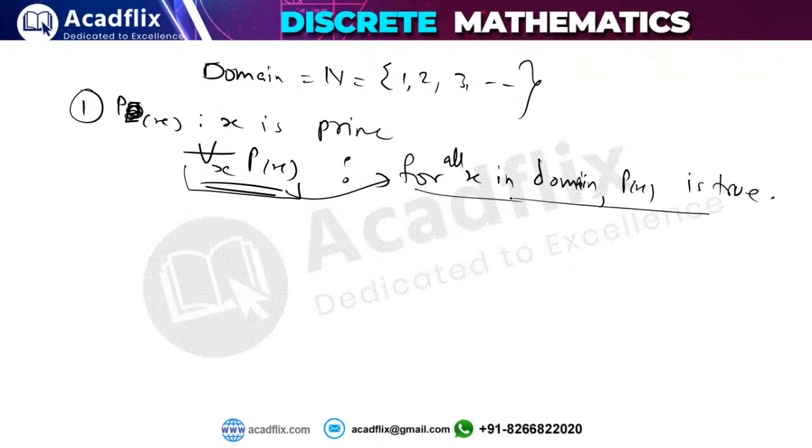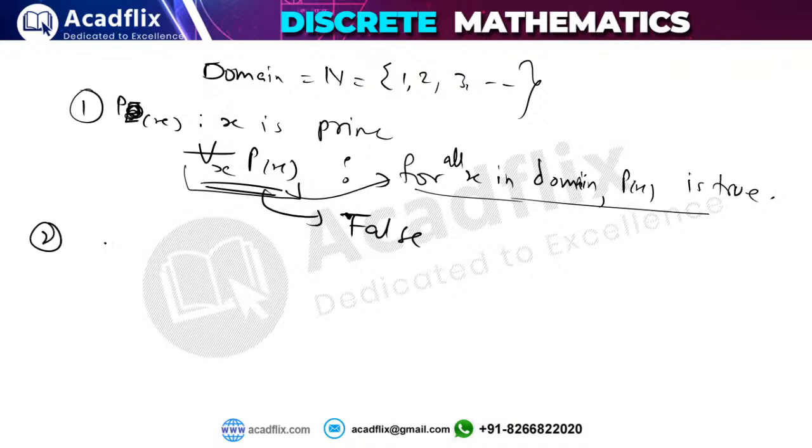So this claim is false. Why? Because in the domain, 4 is not prime, 6 is not prime, even 1 is not prime, 10 is not prime. So this formula is false.